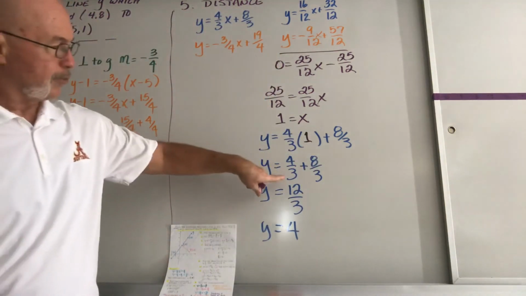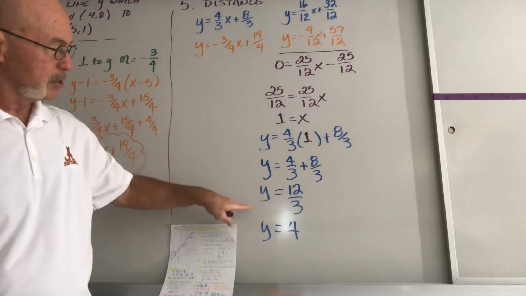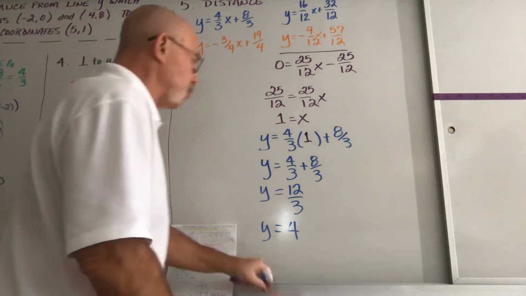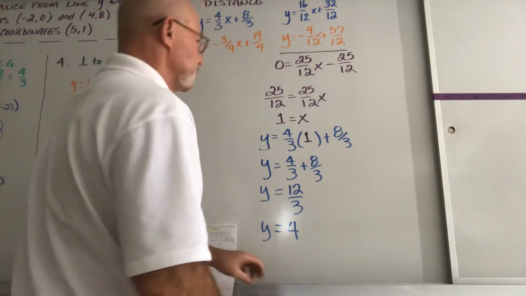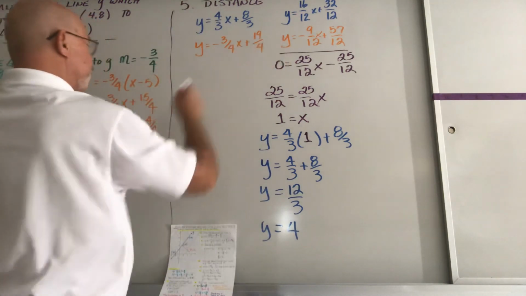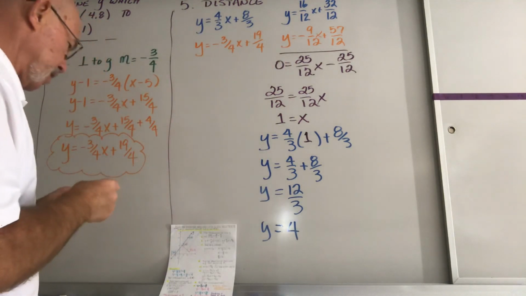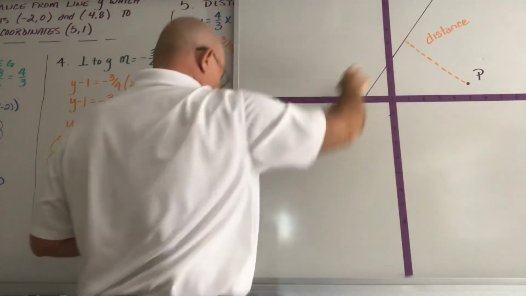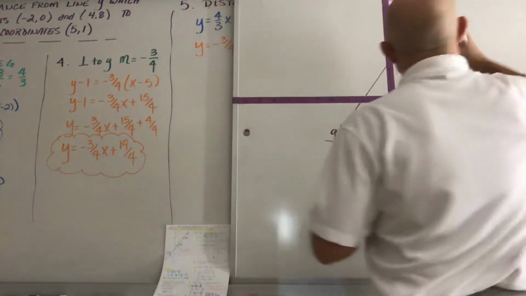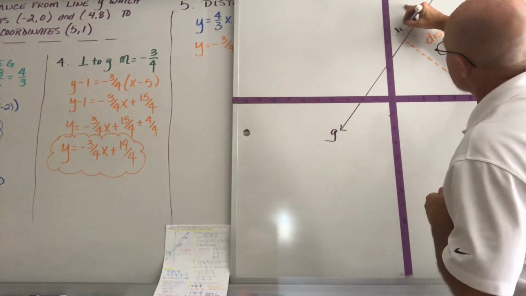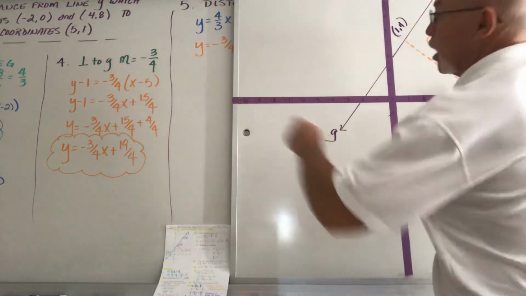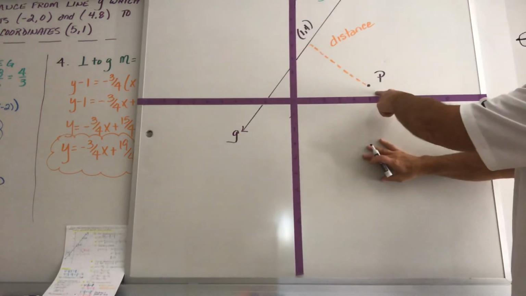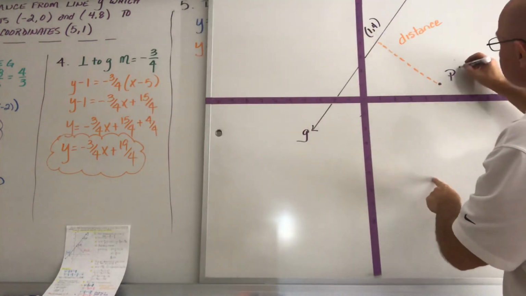Okay. 4 thirds, 8 thirds gives me 12 thirds. Y is 4. Okay, so my ordered pair is 1, 4. Okay, that point right there. And we already know this point right here is 5, 1.